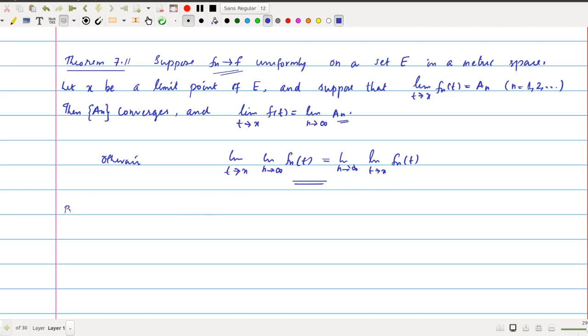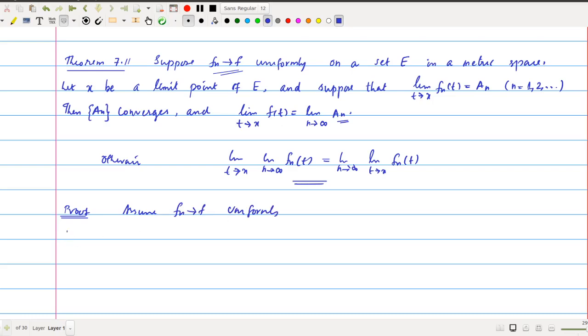For the proof, our assumption is that Fn converges to F uniformly.